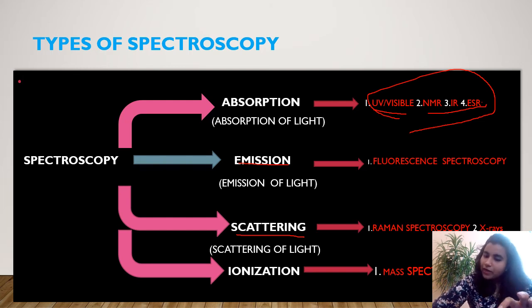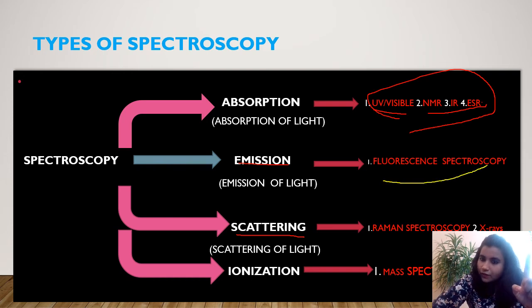Fluorescent spectroscopy, if we talk about fluorescent spectroscopy, this means what? Whenever we expose a sample to light, they absorb the wavelength and move to a higher energy state. Whenever they come back to their ground state, they emit radiation, right? And this radiation has the lowest energy and longest wavelength, right?